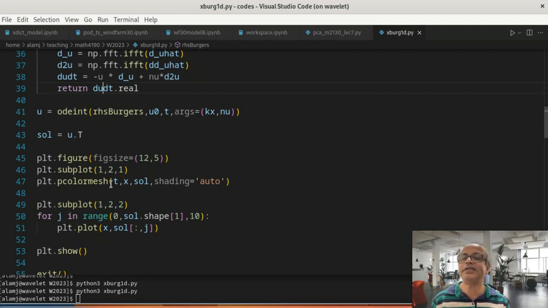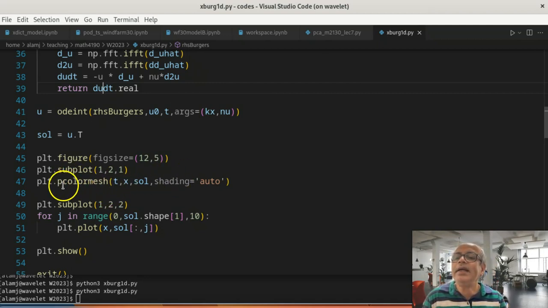I put the time variable on the x-axis and the x variable on the y-axis. That's one way of looking at it, which is why I transpose it. One common way would be to put x in the x direction and t in the y direction. I have here t in the x direction and x in the y direction. It doesn't matter. It is a personal choice.